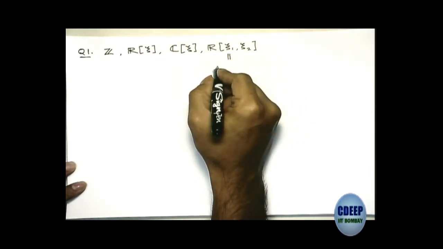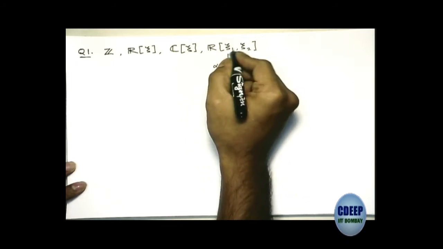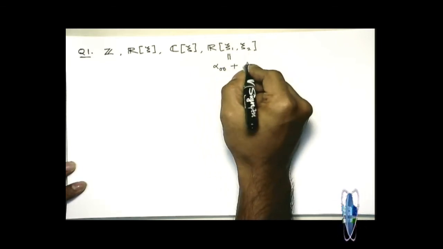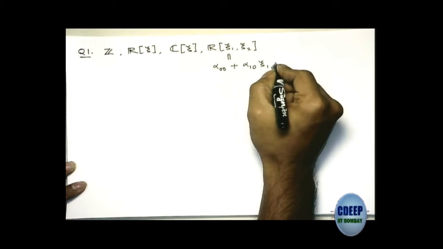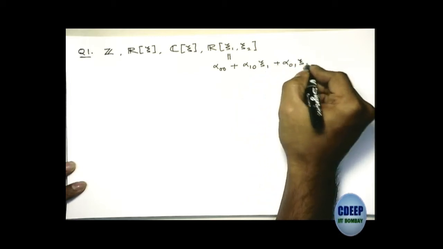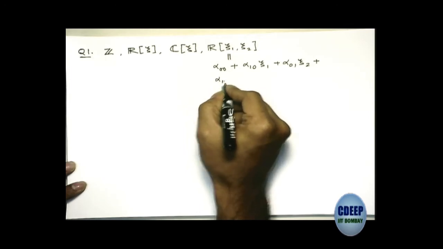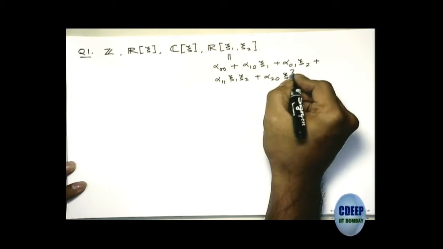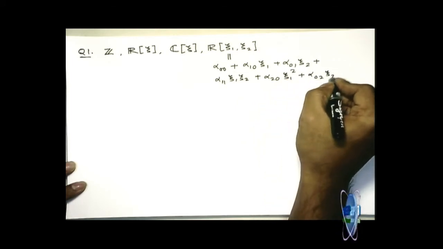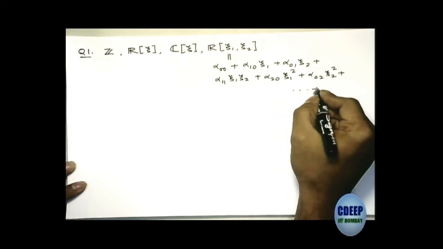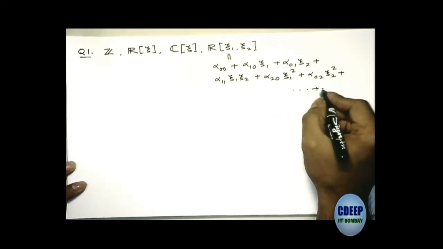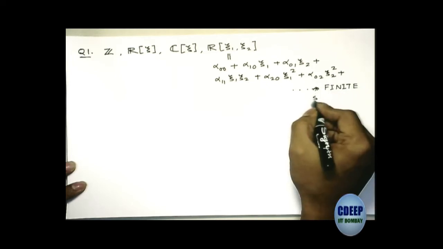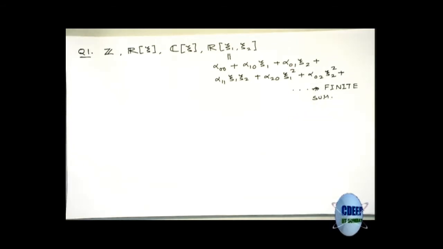So every element in this set looks something like this: alpha 0 0 plus alpha 1 0 times xi 1 plus alpha 0 1 times xi 2 plus alpha 1 1 times xi 1 xi 2 plus alpha 2 0 times xi 1 squared plus alpha 0 2 times xi 2 squared, and so on, finitely many terms, of course. This is a two variable polynomial ring.